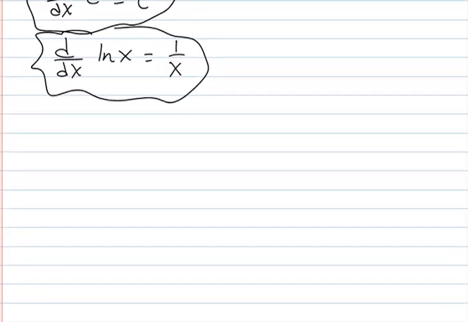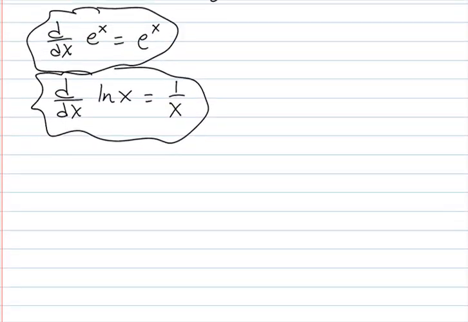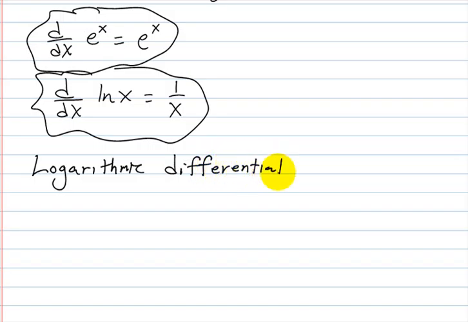And along with this comes a process known as logarithmic differentiation. By the time we're done with this section, you should be able to take the derivative of just about anything. So logarithmic differentiation goes like this.